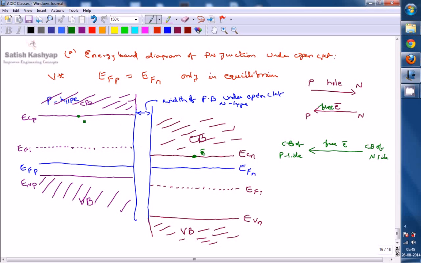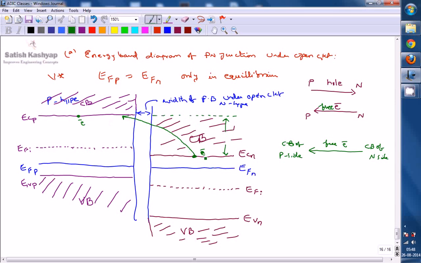So an electron moving from the conduction band of N type to the conduction band of P type is simply jumping from ECN towards ECP, because ECP is higher than ECN. This difference is treated as the height of the potential barrier.